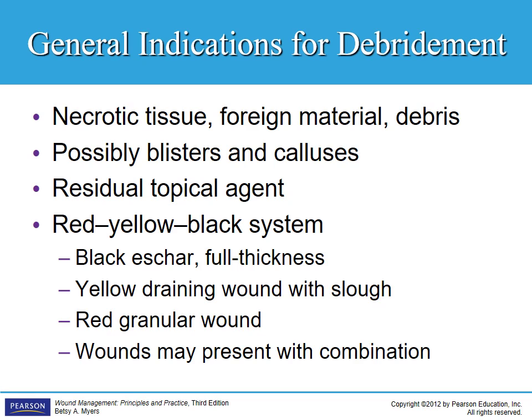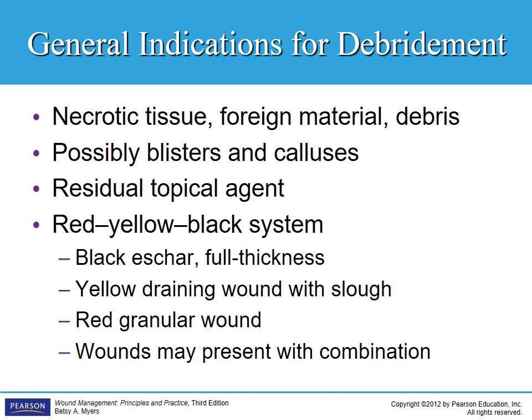What wasn't? So sometimes with debridement, you're not only cleaning that wound when you first take that old dressing off, you're not only cleaning the wound thoroughly, but you may need to debride some of that residual topical agent, actually debride it off so you can see what's real and what's not under that topical agent. There's another type of topical agent used with burns, and we'll talk about that when we get to that.